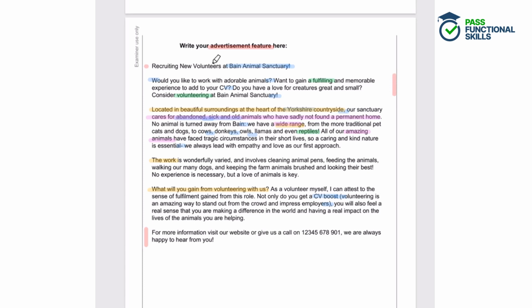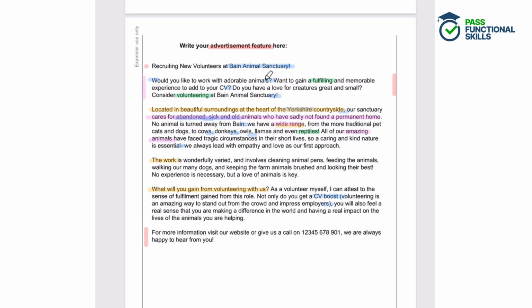So we start with a heading, which gives sort of a brief introduction, tells us what this piece of writing is going to be about. And then we have some nice persuasive introduction here. So we're engaging with the reader using rhetorical questions whilst informing them what the advert will be about.